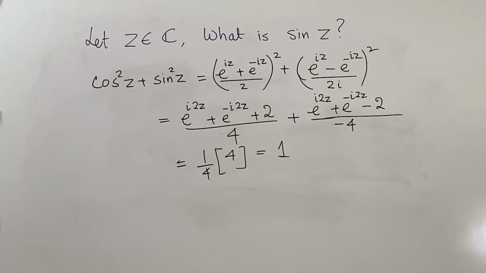However, another very important property of cos and sine when we are dealing with real numbers is that these are bounded functions. However, when we extend this to complex numbers, cos z and sin z are no longer bounded functions. Let us quickly see why.